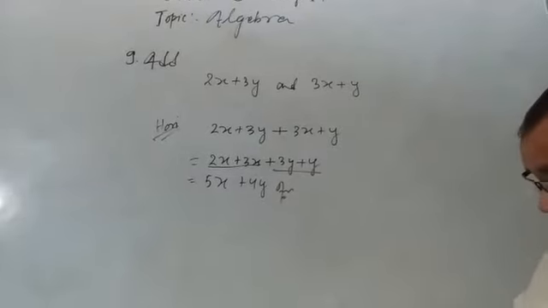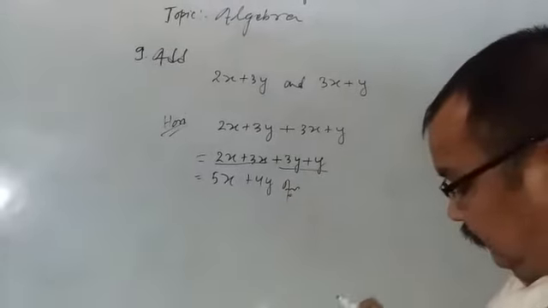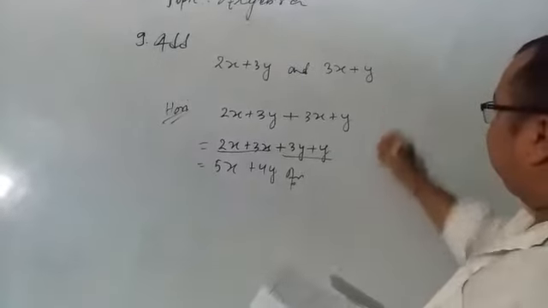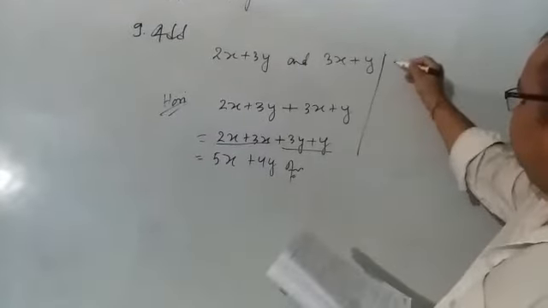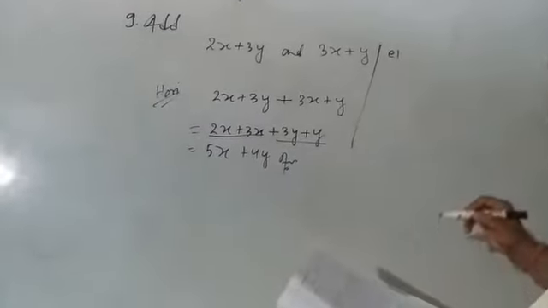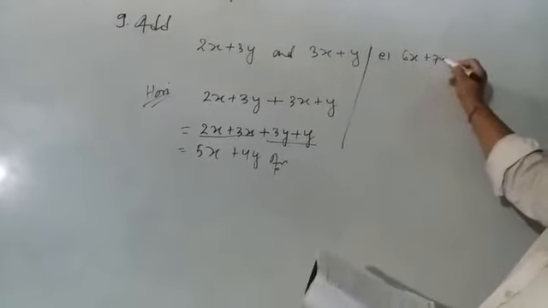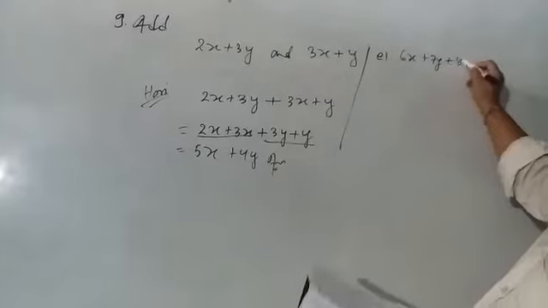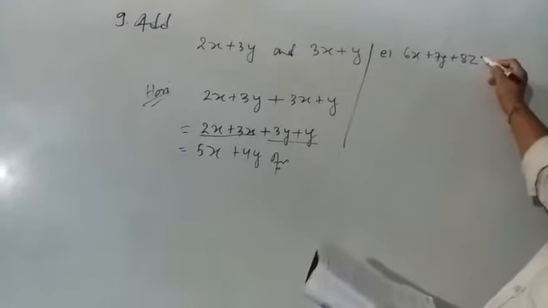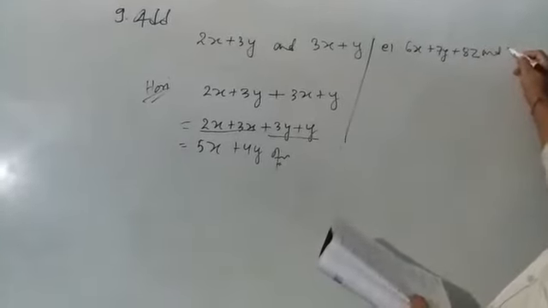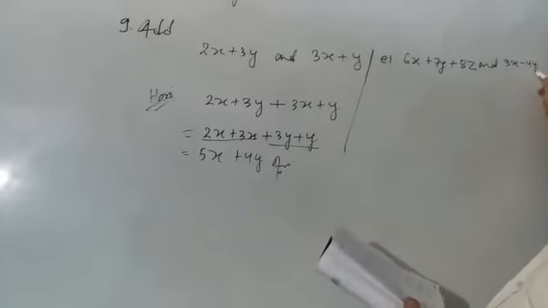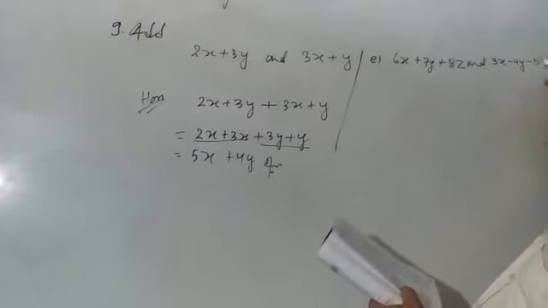Question number E. 6x plus 7y plus 8z and 3x minus 4y and minus 5z.